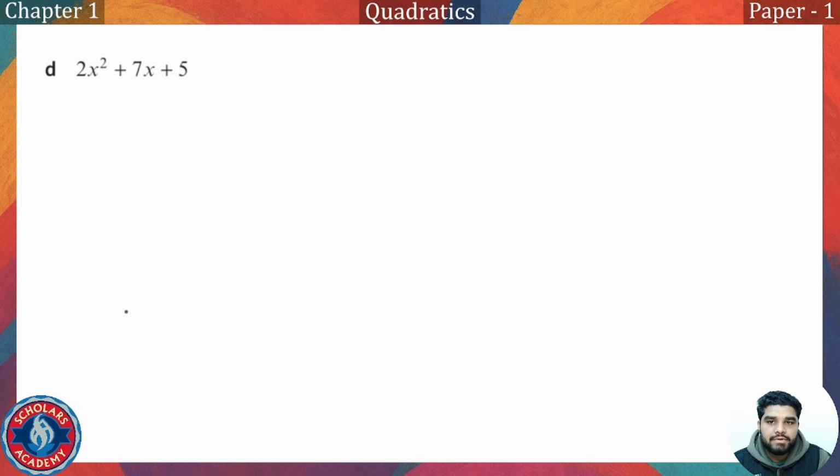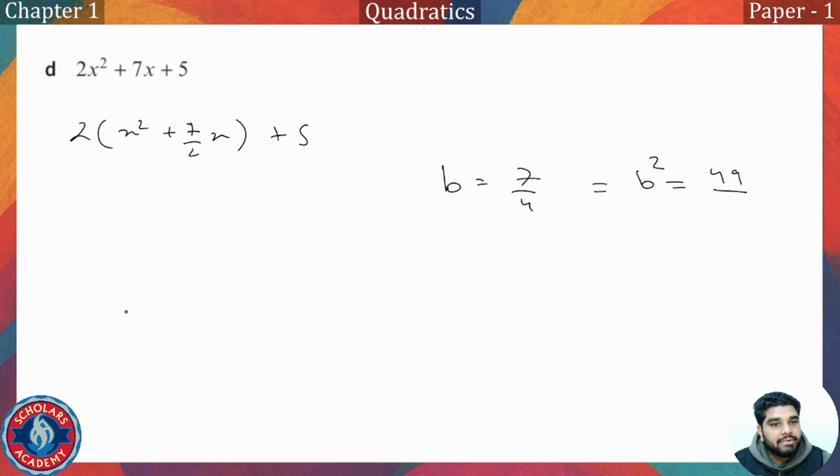D part, we'll again take 2 common. We get x square plus 7 by 2x plus 5, right? 2b is this, it means b is equal to 7 by 4. If b is 7 by 4, it means b square should be 49 by 16.